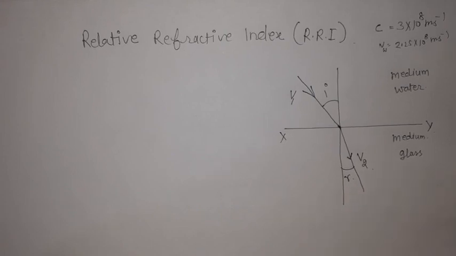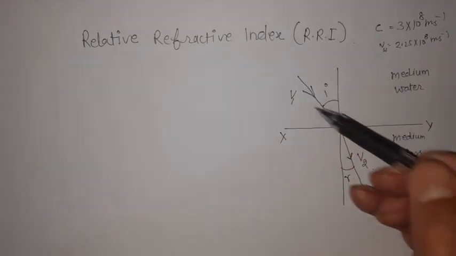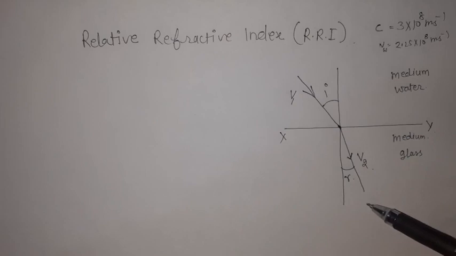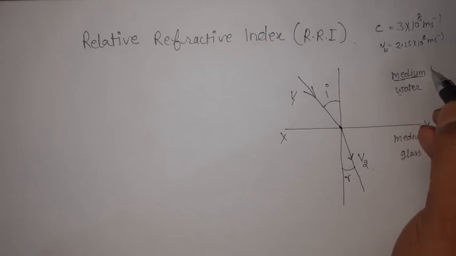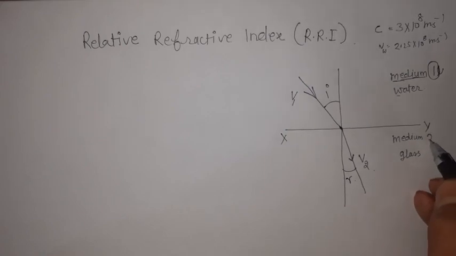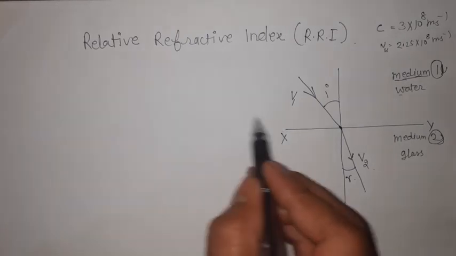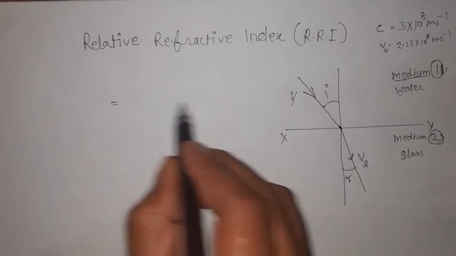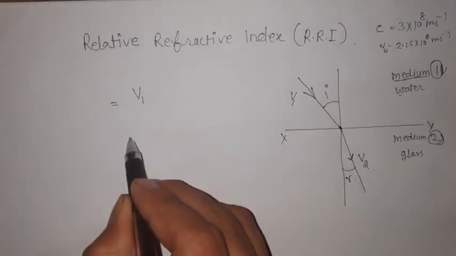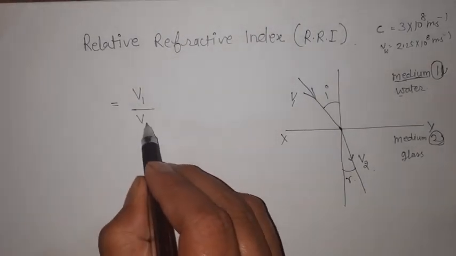What is happening here is that the speed of light in the water medium was v1, and in this second medium it becomes v2. Now this is the water medium, so it is medium number 1. Make it your medium number 1, while glass is your medium number 2. Now you will find the ratio of the speeds: the ray was incident with speed v1 and after refraction it goes with speed v2.